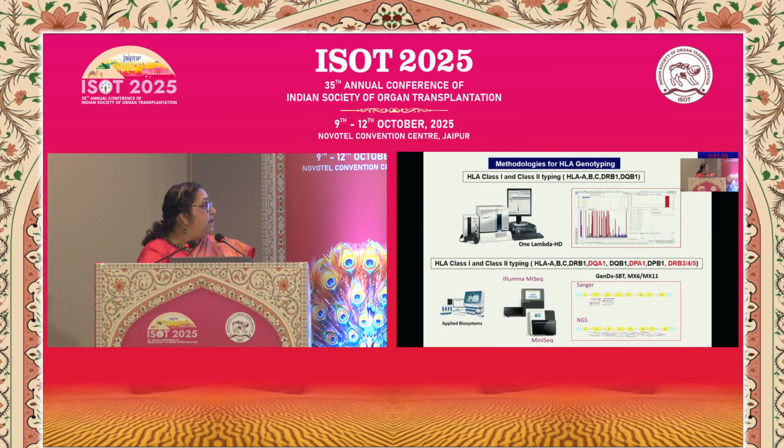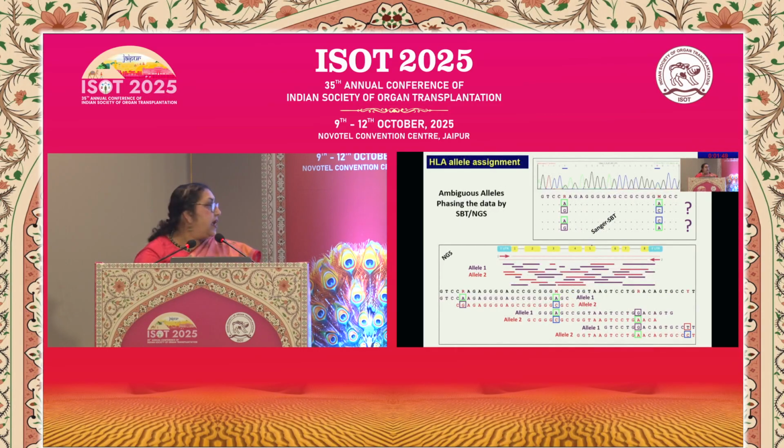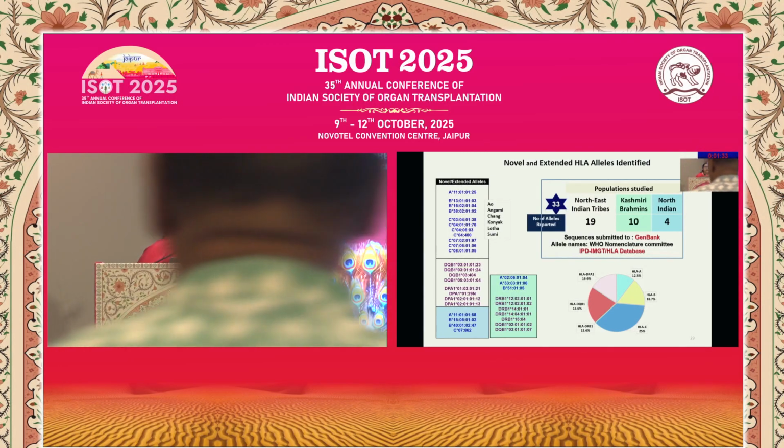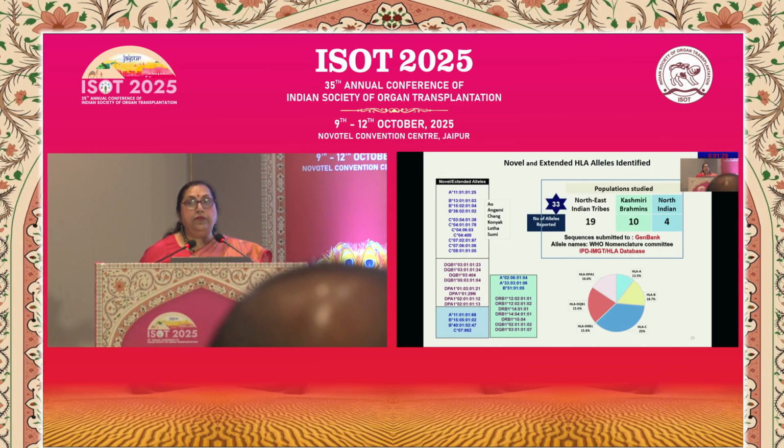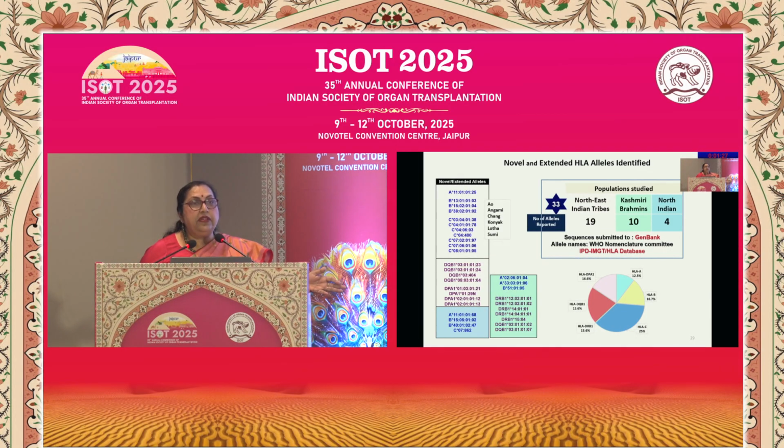And then we have Luminex-based methods, Sanger sequencing, and next-gen sequencing. In next-gen sequencing, the whole idea is that we can fragment the DNA into several parts and sequence it 100 times so that we know the exact sequence. In Sanger, we may still have some ambiguities, which is not very good to have. Our laboratory did the NGS-based established technologies, and when we studied several populations, we could identify several novel alleles.